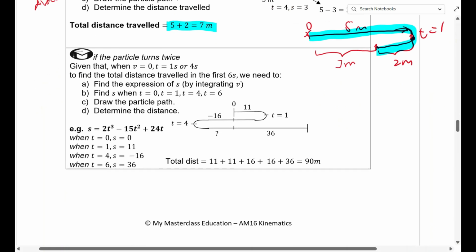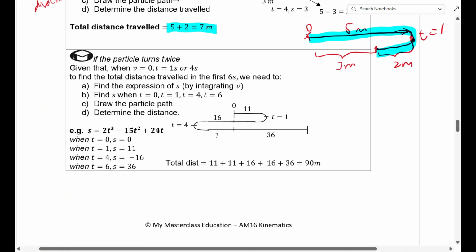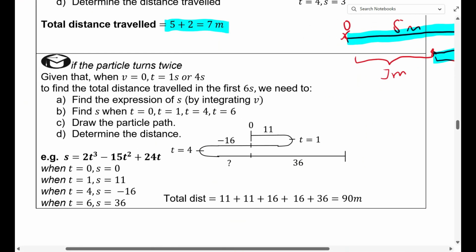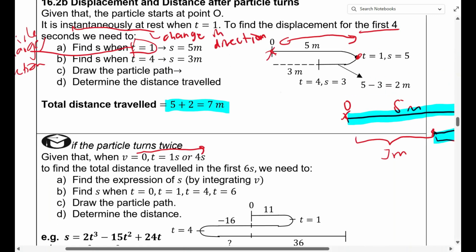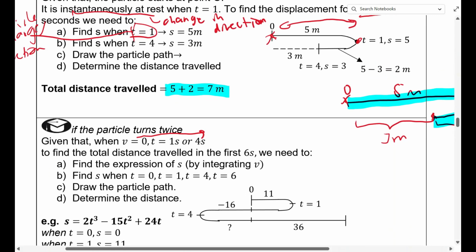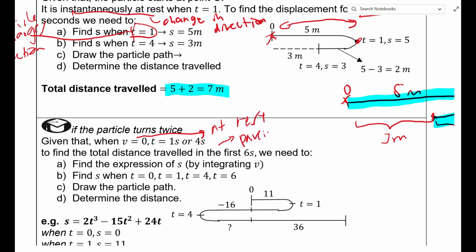And next part, if the particle changes direction twice, so it turns twice, it is given that when v equals 0, t equals 1 second or 4 seconds. When v equals 0, this is when it is instantaneously at rest, which is also known as the particle changing directions.